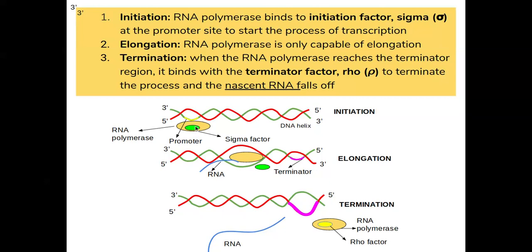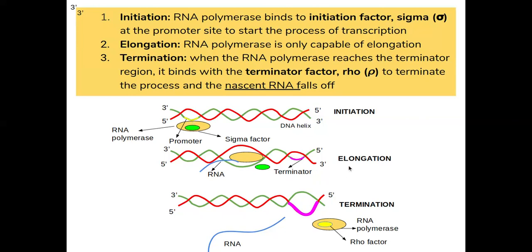Now, if you notice here, the RNA polymerase cannot start initiation on its own at the promoter region. It requires a partner, and this accessory is a factor called the sigma factor, shown here in green. So along with the sigma factor, the polymerase enzyme will start the first step, which is initiation, at the promoter region.